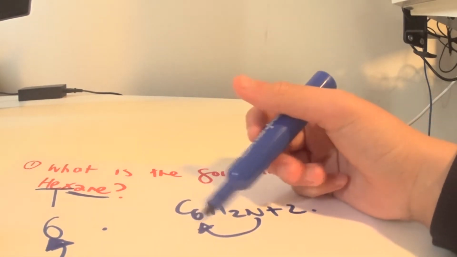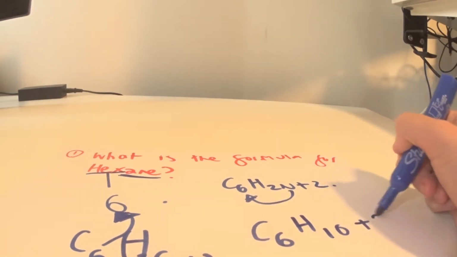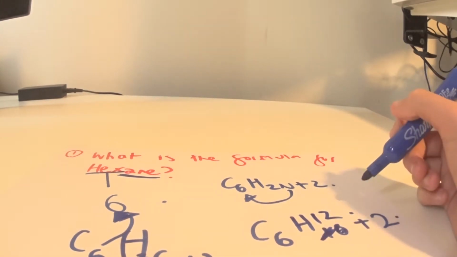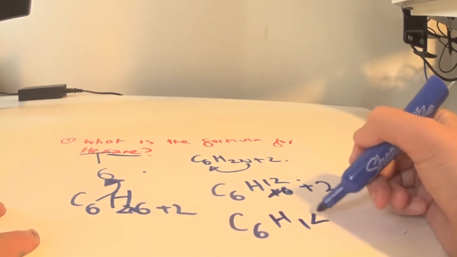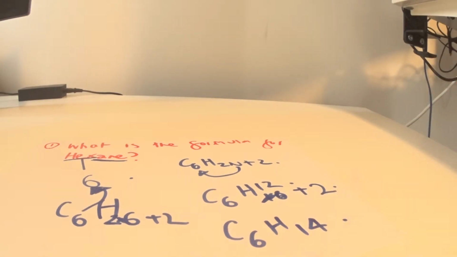So we go C6, H 2 times 6 is 12, plus 2. It's going to be C6H14. And that is the chemical formula for hexane. C6H14, and it is a fuel.